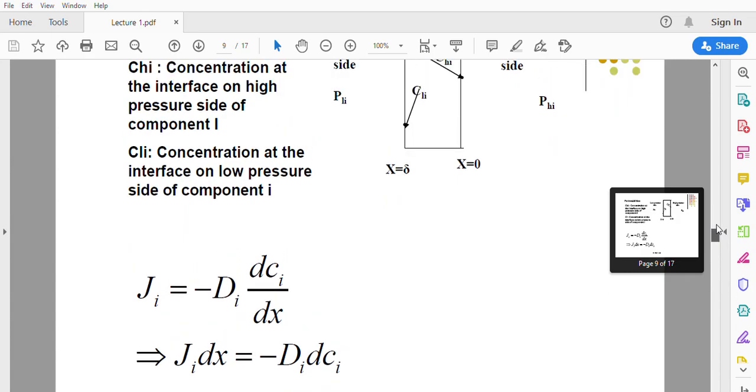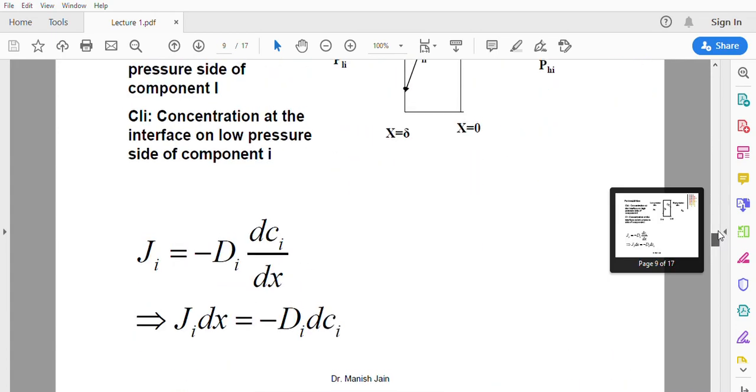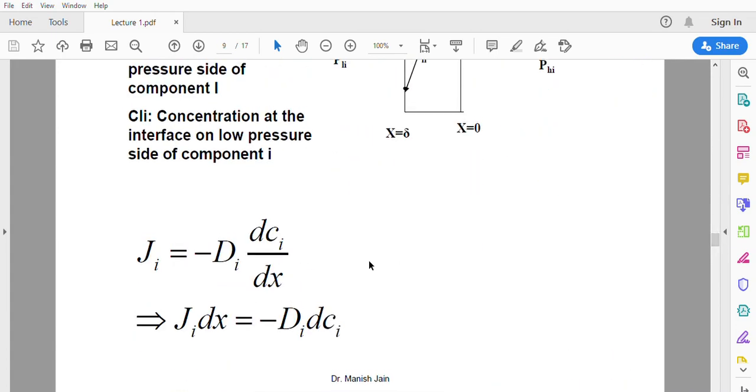Here it is written that Chi is the concentration at the interface on the high pressure side of component I, and CLI is the concentration at the interface on the low pressure side of component I. Now we can use Fick's law to represent the flux.